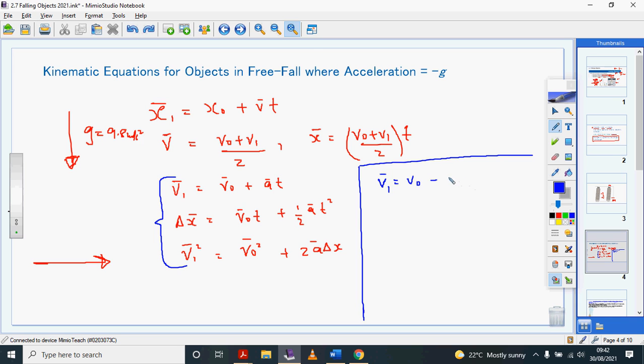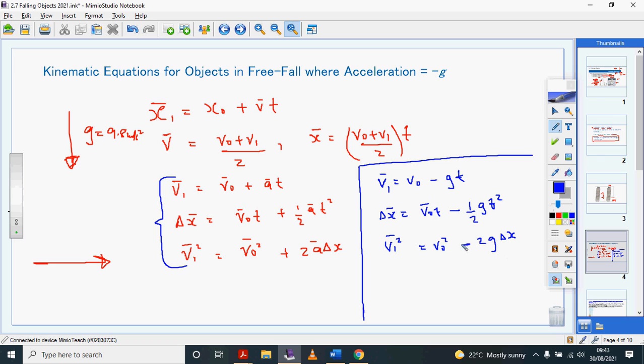So this equation will be minus g times t. And this equation will be change in position equals v0 t, instead of plus half a t squared, because of the negative g, minus half g t squared. And this equation will be v1 squared equals v0 squared minus 2 times acceleration times change in displacement.